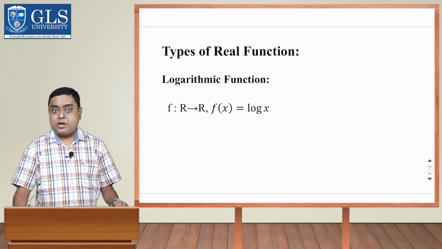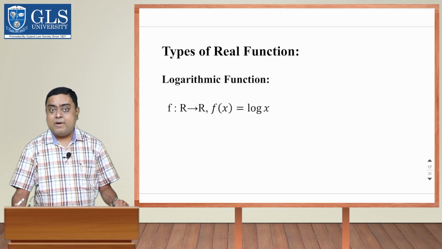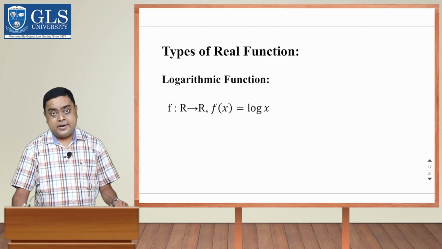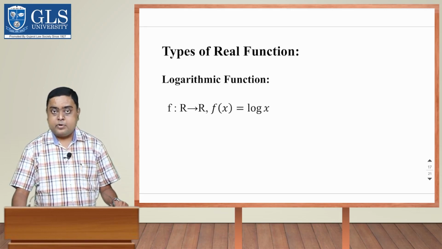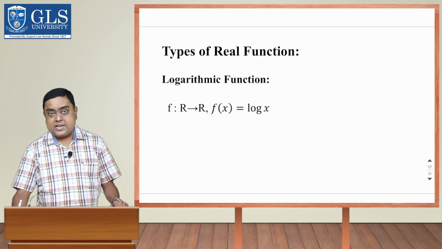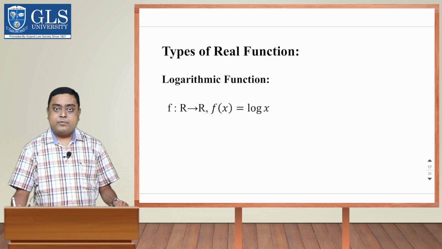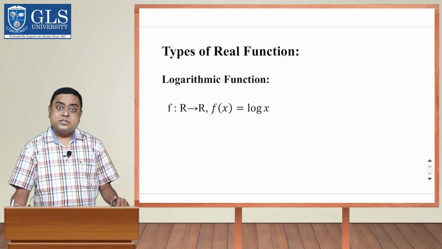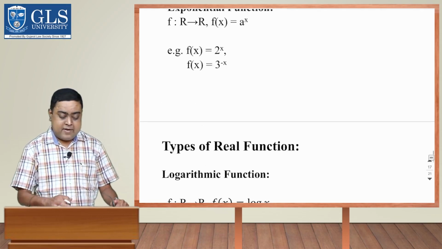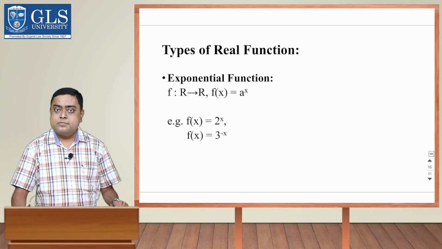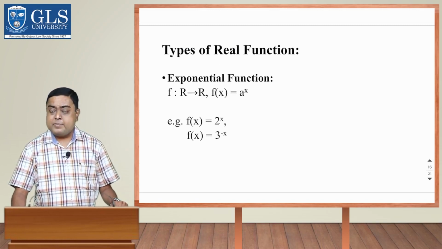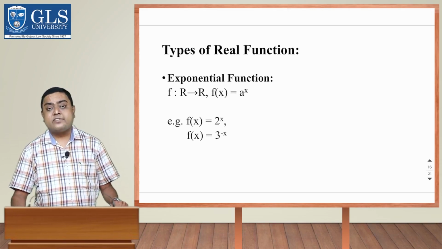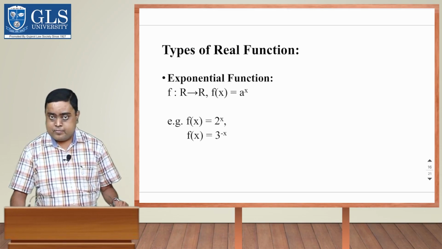In the log table we find different values. These values are derived using this logarithmic function. Also you are aware of the anti-logarithm, right? In the anti-log table, we find values which are nothing but values derived from the exponential function. Friends, the exponential function and the logarithmic function are inversely related to each other. Are you getting my point?